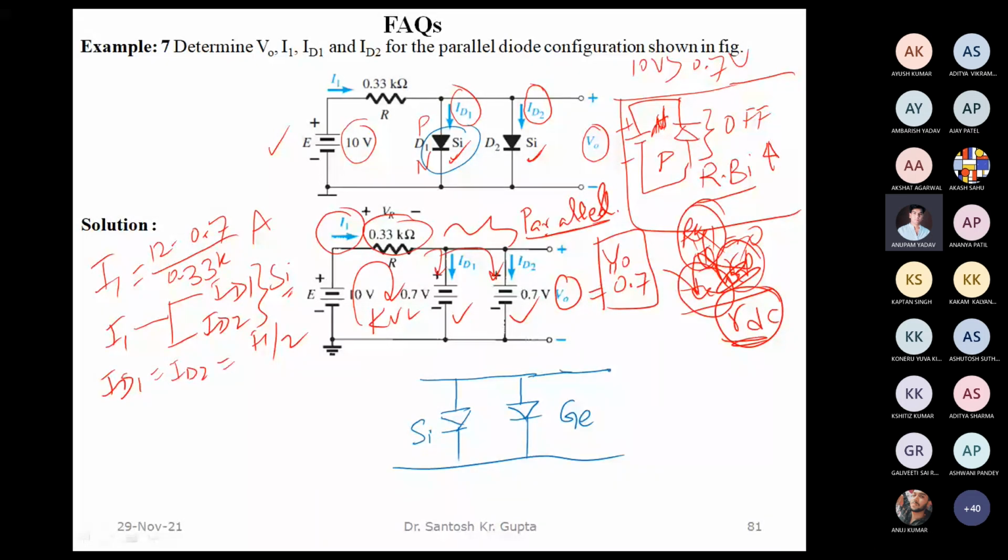The problem is the same one. Say we have this plus 12 volt, 0.33K, and silicon and germanium now. Then what is the output voltage in such a case?